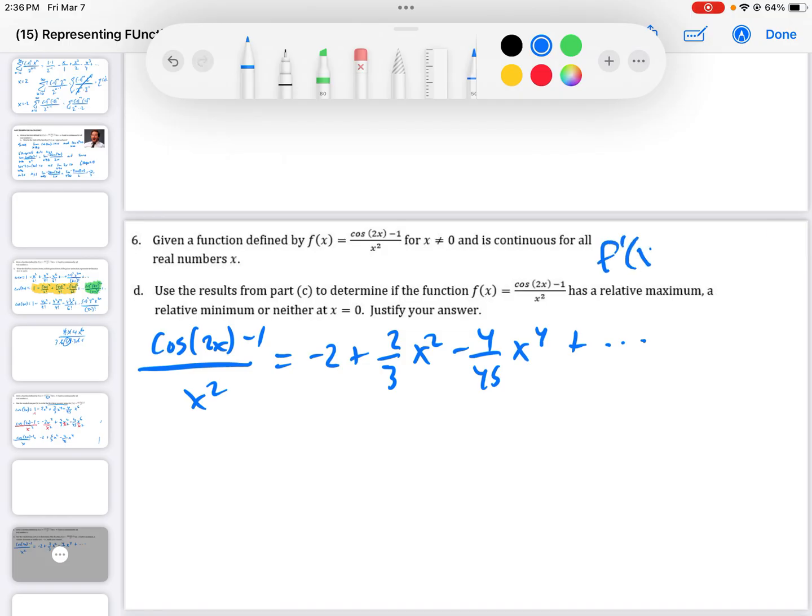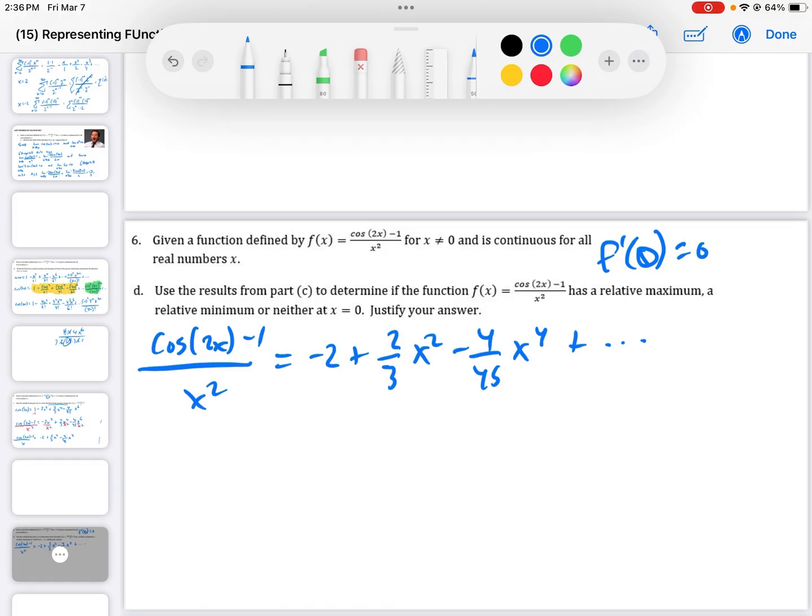In order to have a relative extremum, f prime of 0 has to be 0, and then the derivative either has to change from negative to positive, positive to negative, or you can use a second derivative test to see if it's a relative min or max.